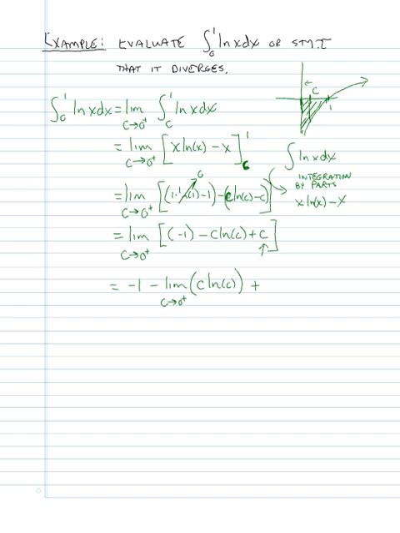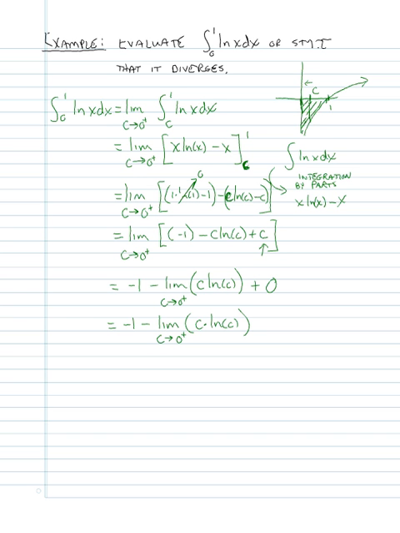The limit of c as c approaches 0 is 0. So our problem is down to calculating what the limit of c times the natural log of c is as c approaches 0 from the right.